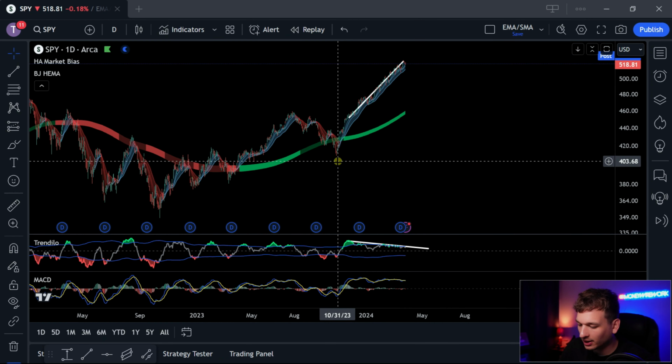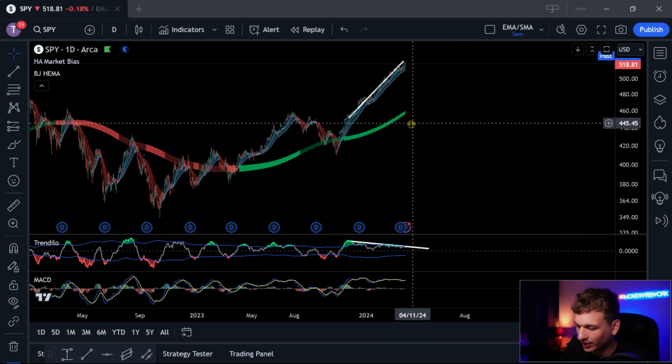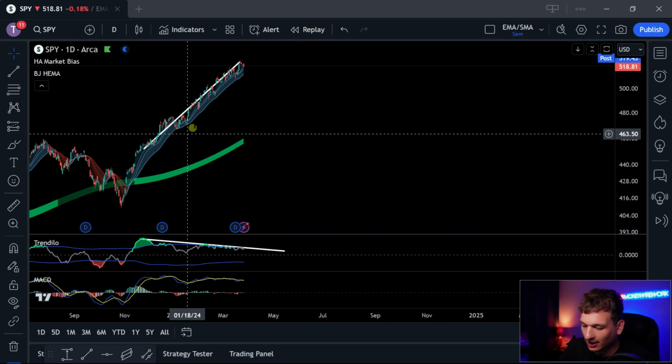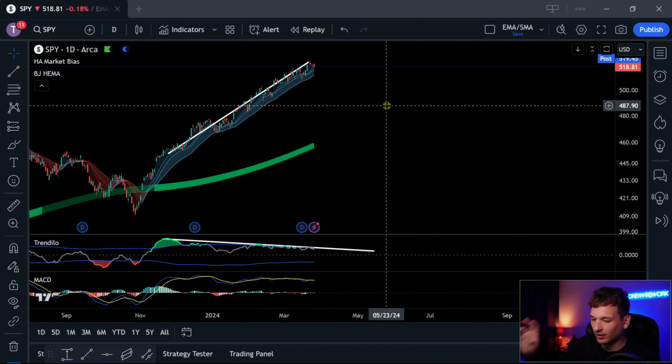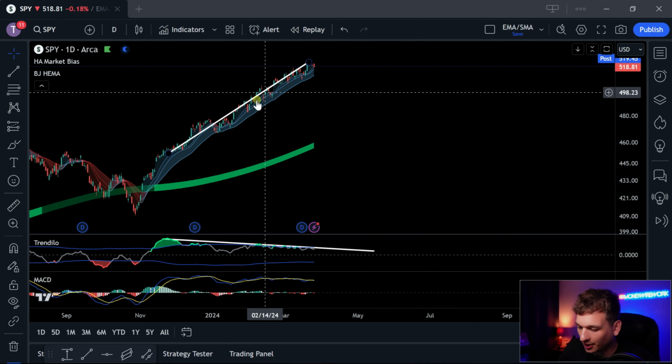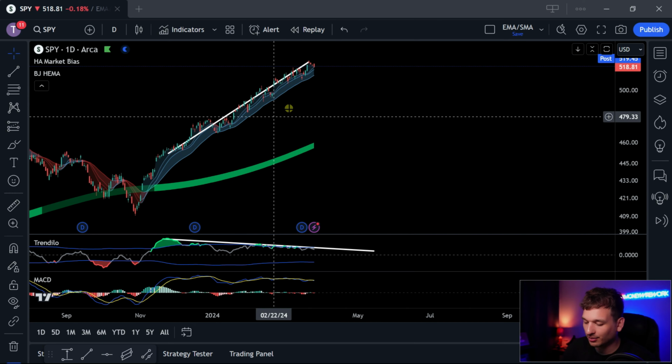At this point, the S&P 500 has been ripping since the end of October of 2023, which is about 5 months now. And we're probably due for a pullback, but anything on the shorter time frame, right? Because we're on the daily, we're not seeing that with the Bjorgum cloud.